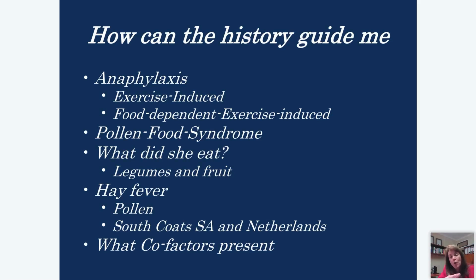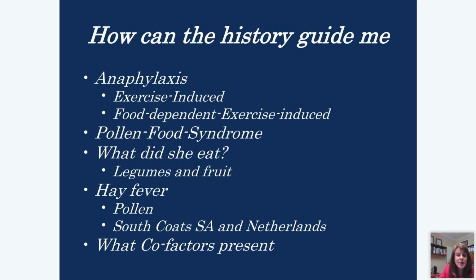But there are a whole bunch of other inhaled allergens, pollen, that can also cause that, because she did eat the legumes and the fruit. So now I'm allergic to the birch tree pollen, and if I eat the apple, then my mouth starts itching. She does have hay fever, very, very mild and only seasonal, so again, pollen. She lives at the south coast in South Africa and now in the Netherlands.